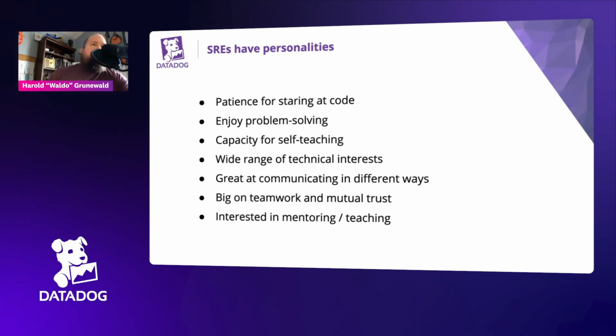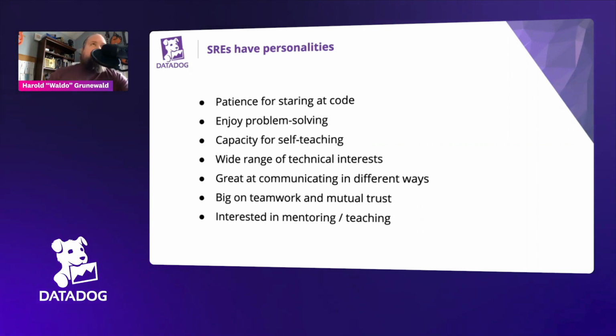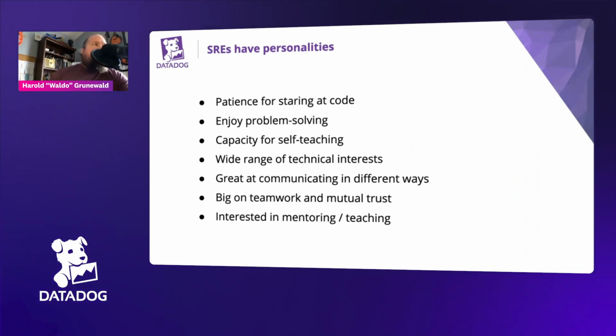Now, you'll notice that none of these skills or traits are technical. These are all meta human characteristics, and they're related, but pretty wide ranging. Now, the bad news is you're very rarely going to find somebody with all these skills.